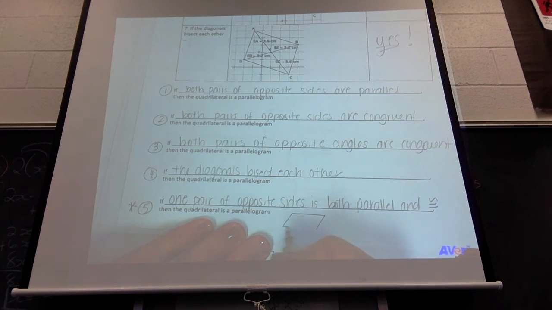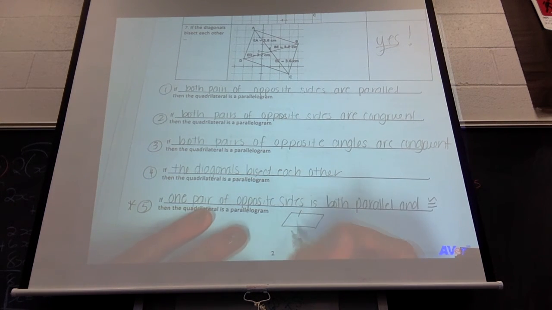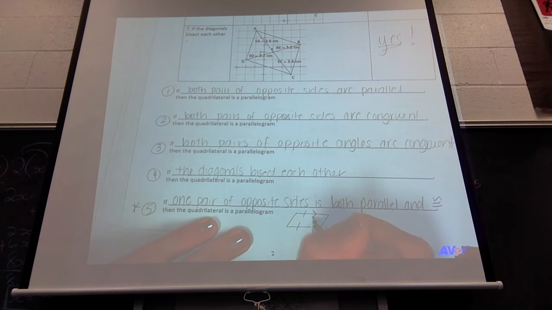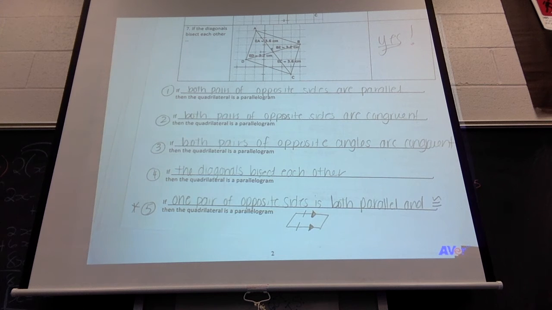So if you are looking at a quadrilateral and one pair of opposite sides is both congruent and parallel, that is a parallelogram. Okay, please make sure you have those in your notes. And when you're ready, we'll do some examples.